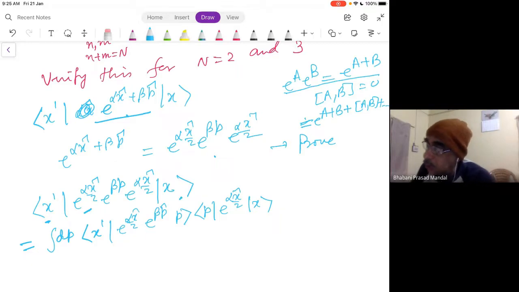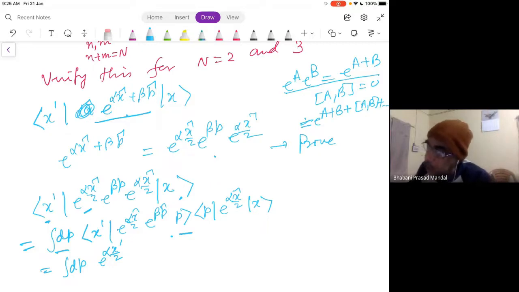So this I can put, this is 1, but now this operator, which is only a p operator, can act on the p states. So I can find everything's eigenvalues, right? So this will be now dp, and when this acts on this, we can write e to the power alpha x prime by 2, and this is now not an operator, so it's replaceable.